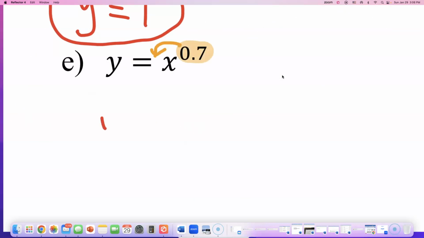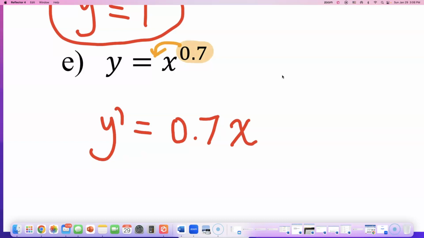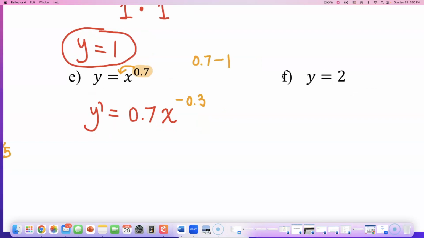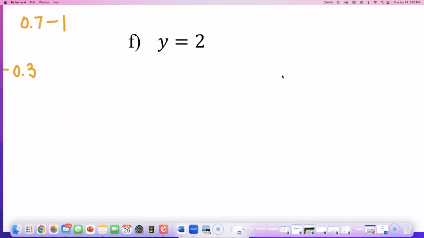So the derivative is 0.7 x to the, well, now for the new exponent, you have to do 0.7 minus 1. If you take away 1 from 0.7, you will get -0.3. Okay? All right, this next one is a little bit different, huh?